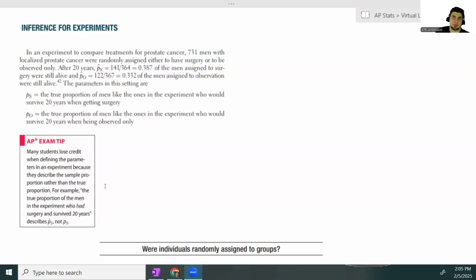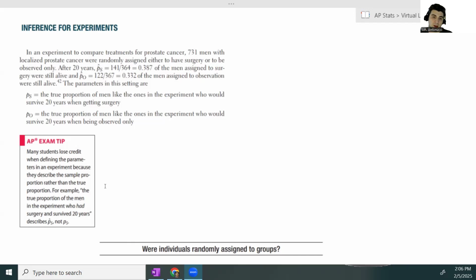So before we wrap up this video, I just want to make a note about doing inference for experiments. If we look at this example to motivate us, we have an experiment to compare treatments for prostate cancer. 731 men with localized prostate cancer were randomly assigned either to have surgery or be observed only.